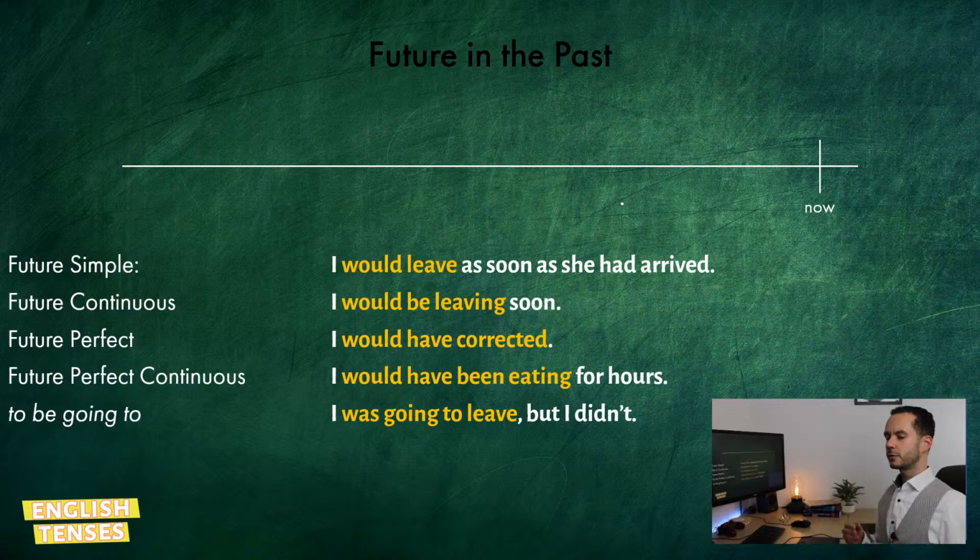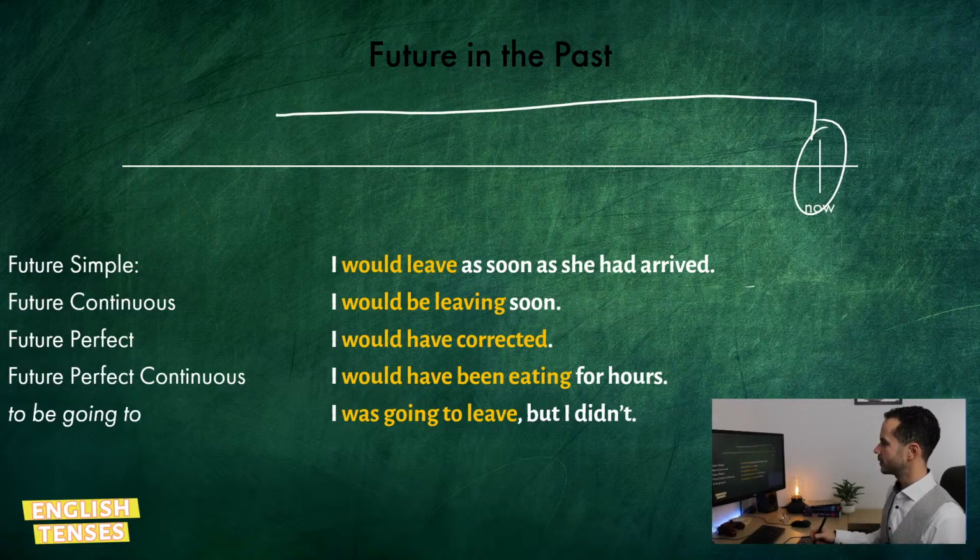Now we're going to talk about something that is a bit more difficult, which is the future in the past. So here I have a timeline, and here I have some sentences. When we talk about the future in the past, we have now, which is when we're talking, and we look back at the past.